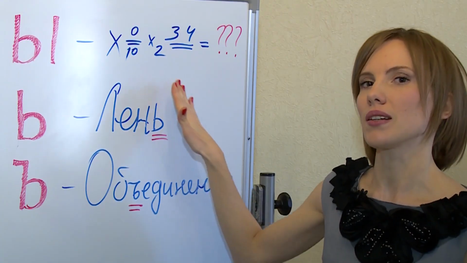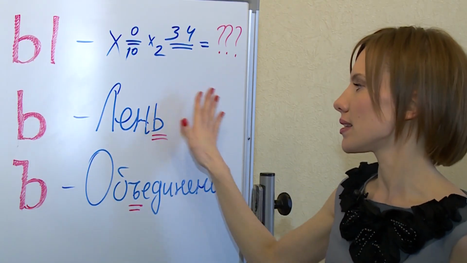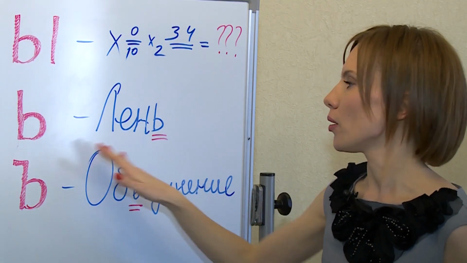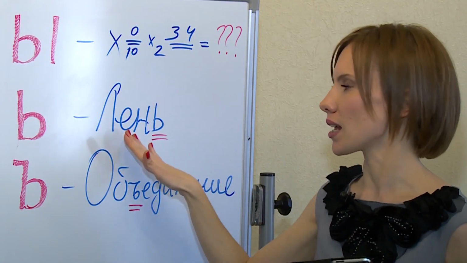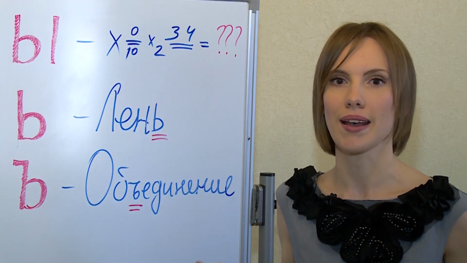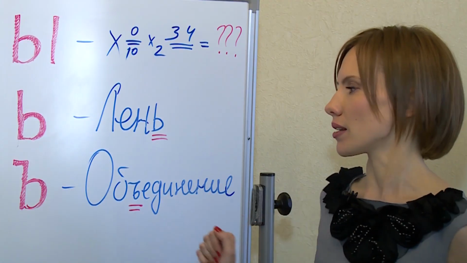The word laziness, лень. With this soft sign, it sounds like лень. Without this sign, it sounds like лен. But we haven't such a word like лен. We have лень.